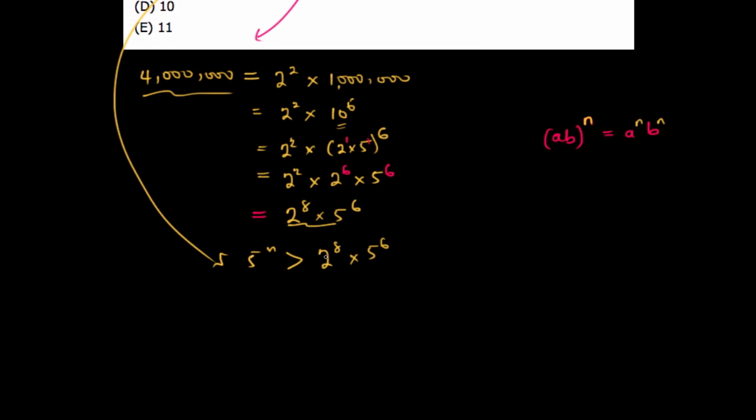To solve for n, let me first divide both sides by 5 to the power 6. I want to bring all like families together.